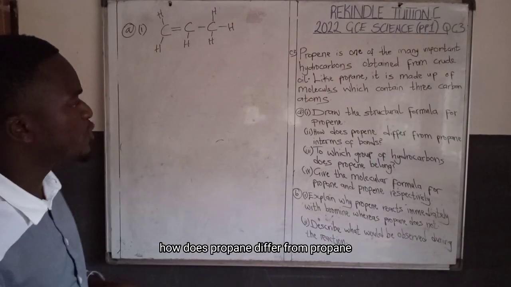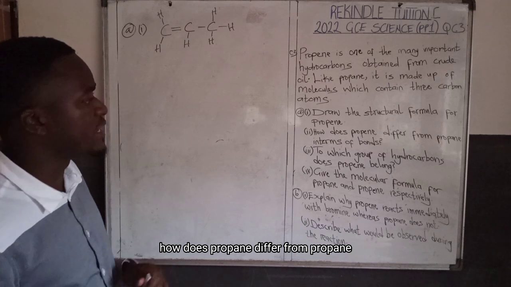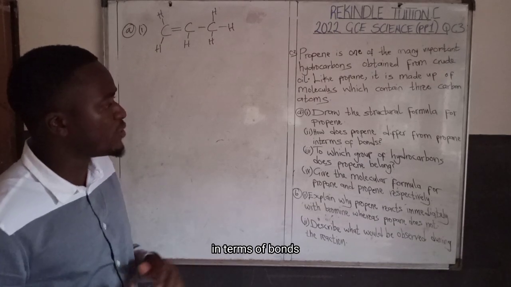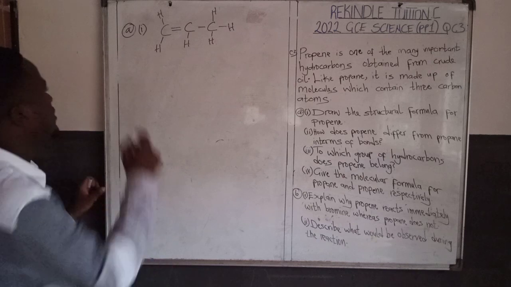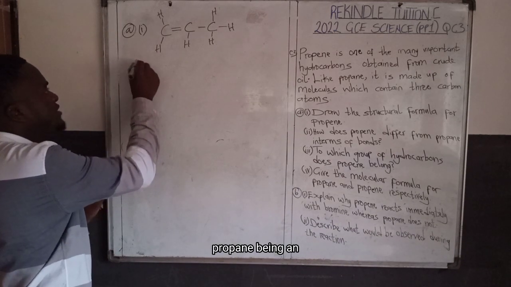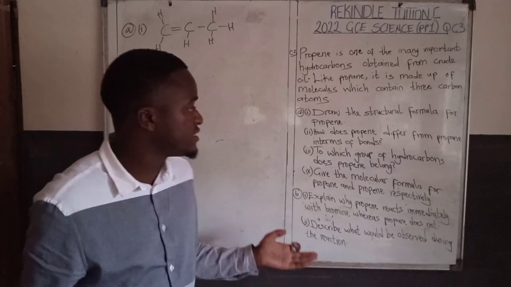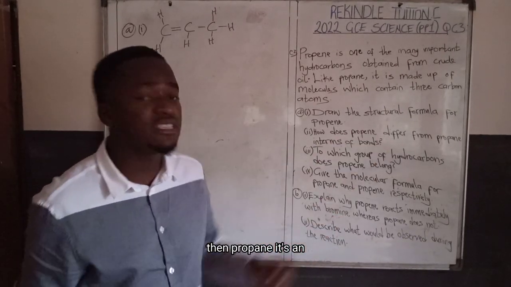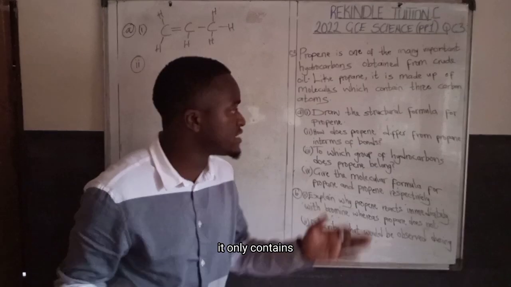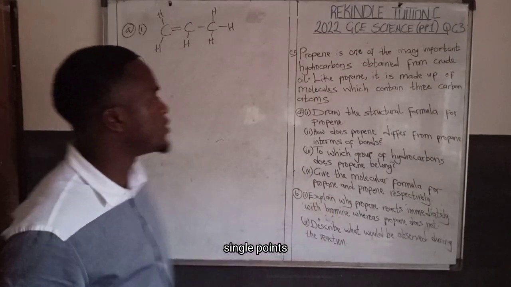Okay, how does propene differ from propane in terms of bond? In terms of bonds. So propene being an alkene, alkenes they contain double bonds. Then propane, it's an alkane. It only contains single bonds.